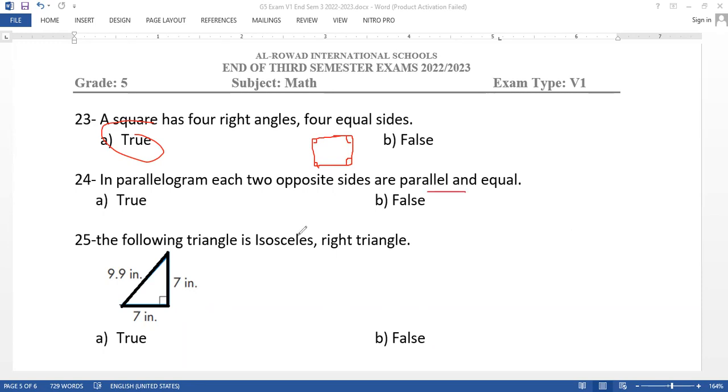Yes, true. A parallelogram is a quadrilateral, opposite sides are parallel and equal in length. The following triangle is isosceles and right. This sign means it's right, this 90. And we have 2 sides, this 7 inches and this 7 inches. This means it's isosceles and right, 2 equal sides and 1 right angle.